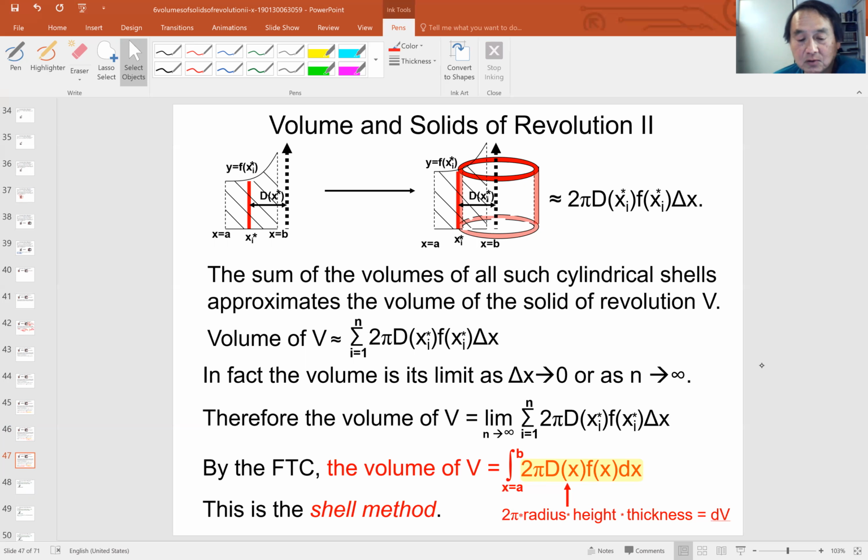And what about the shell method? The reason we talk about this particular method is that if I give you a solid of a certain shape with a certain regularity, and by hook or crook you can slice these solids into little thin slices, it doesn't matter whether straight or curved, in a regular fashion that you can keep track of, and you can figure out the size of each thin shell, then you can integrate.